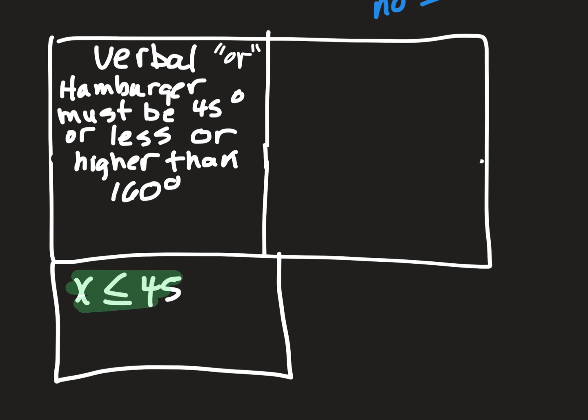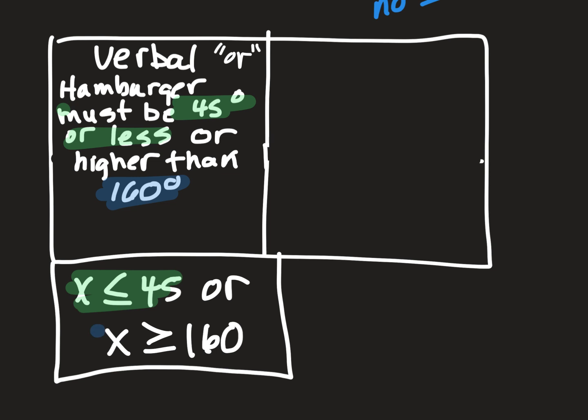X is less than or equal to 45, or, and you have to write the word or in there because it can't be both at the same time. So it can be less than or equal to 45 degrees or it can be equal to or greater than 160 degrees. You can't have it in between. You can't have them both at once. That's why it says or.